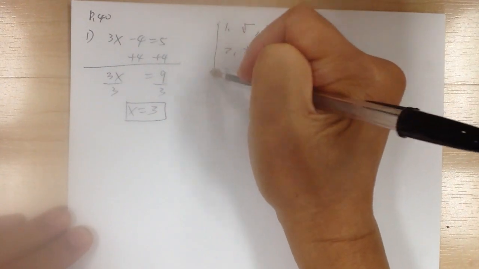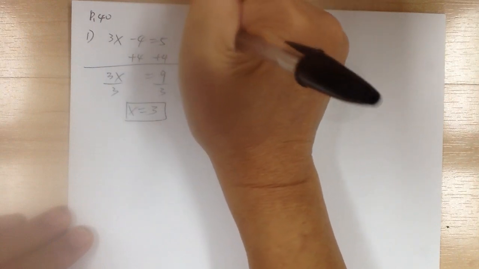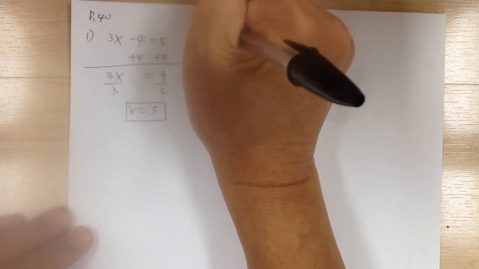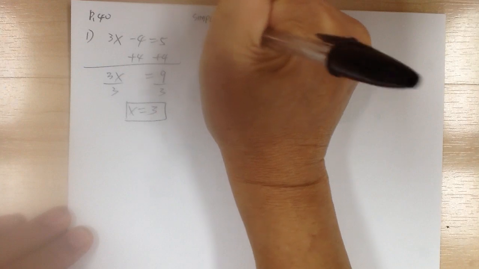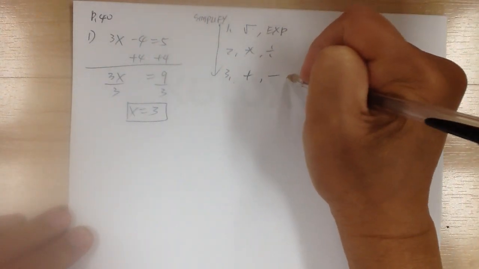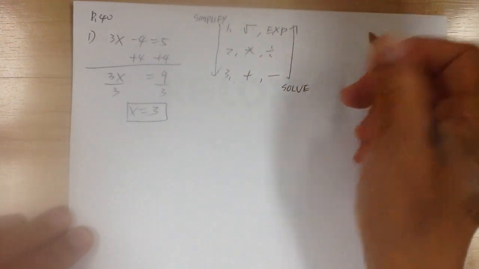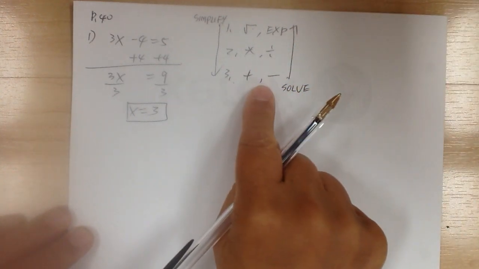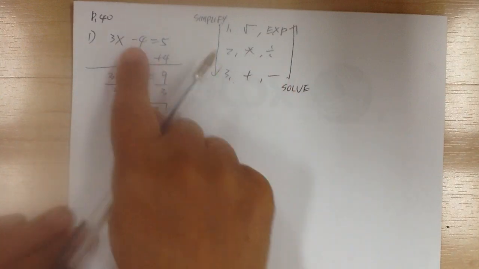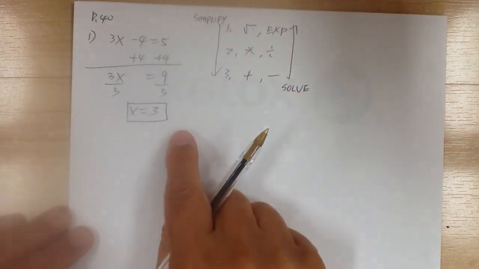You do this and you go down, right? When you simplify, you go down. When you're solving, you have to undo this first, and you go up. So when you're going to solve, you try to undo the addition and subtraction first, and you undo the multiplication and division after that.